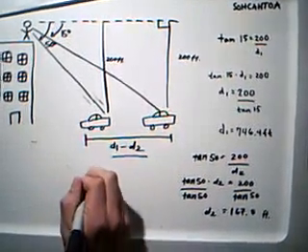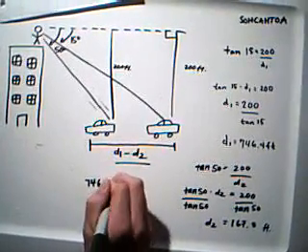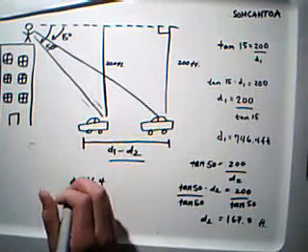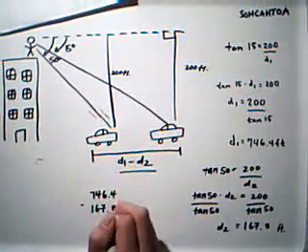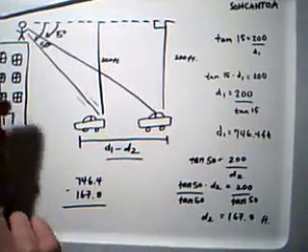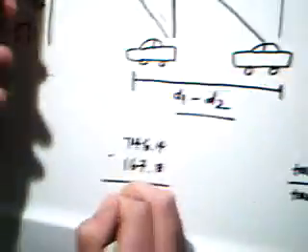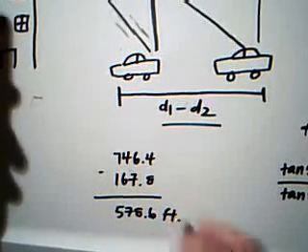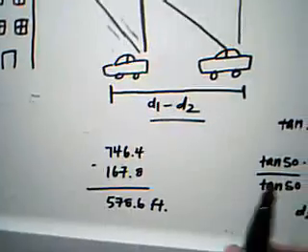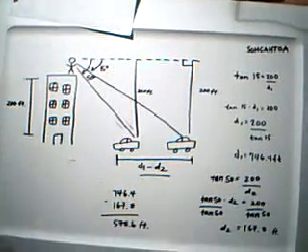We're going to take 746.4 minus 167.8. That comes out to 578.6 feet. So now you've determined how far the cars have traveled while John was looking at them as they were oncoming.